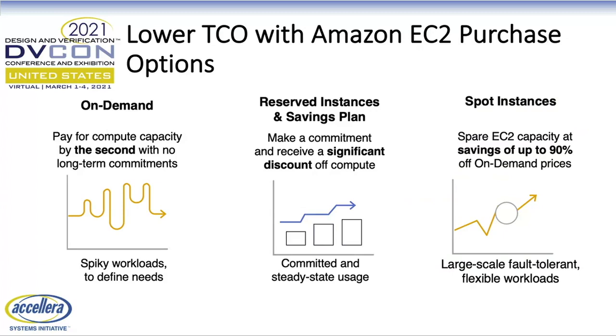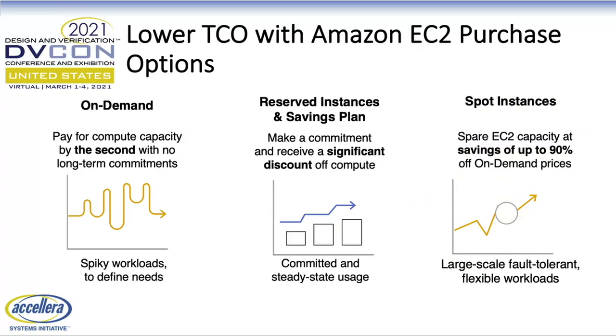You essentially pay for the compute capacity by the second without requiring any long-term commitments. And the on-demand instances are typically used for spiky workloads, or when you are not sure exactly what your needs are.